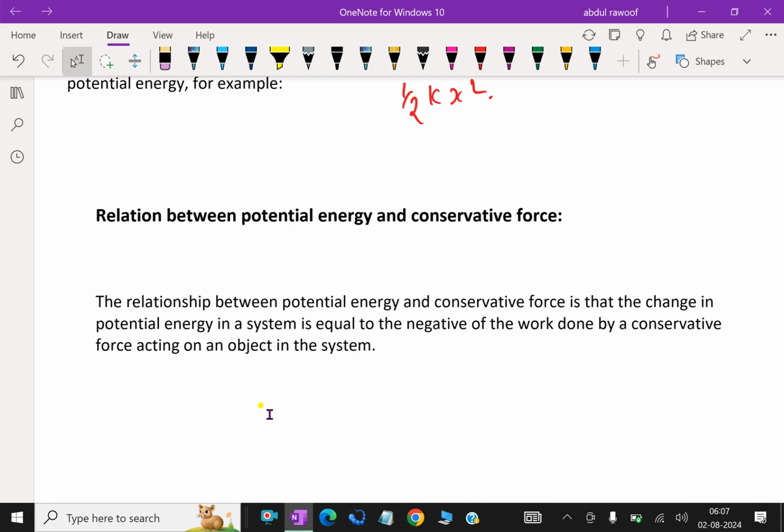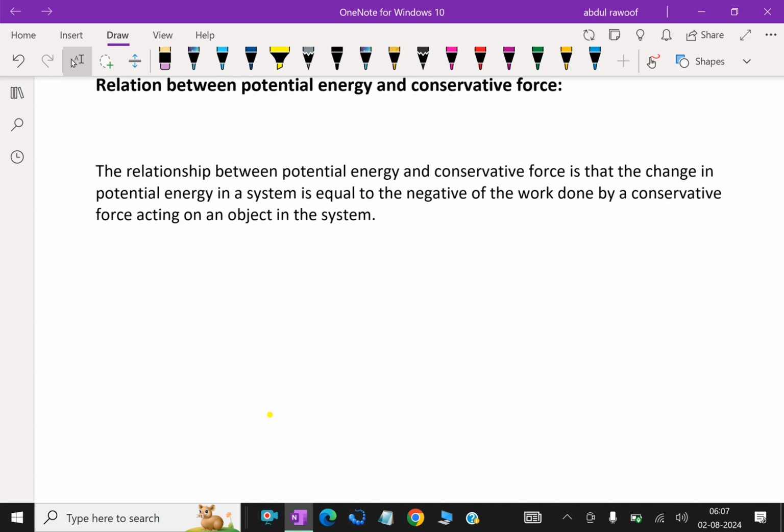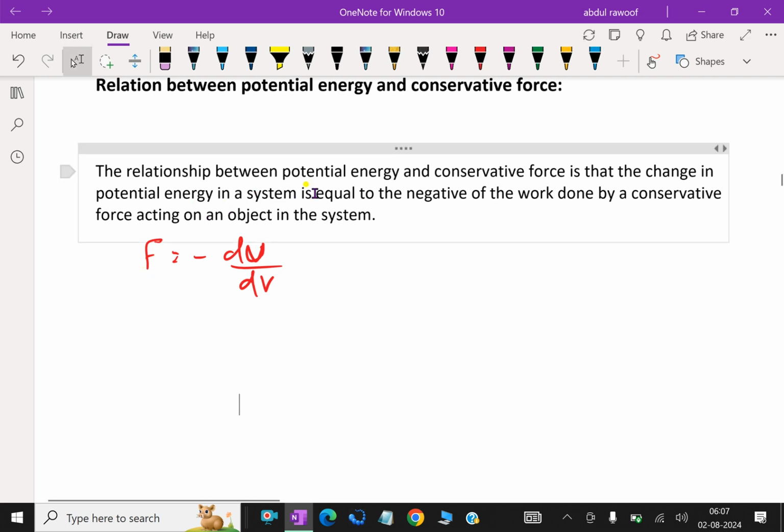Here, first, U is a function of only one variable, then F equals minus dU by dr. This is the formula for the relation between force and potential energy.